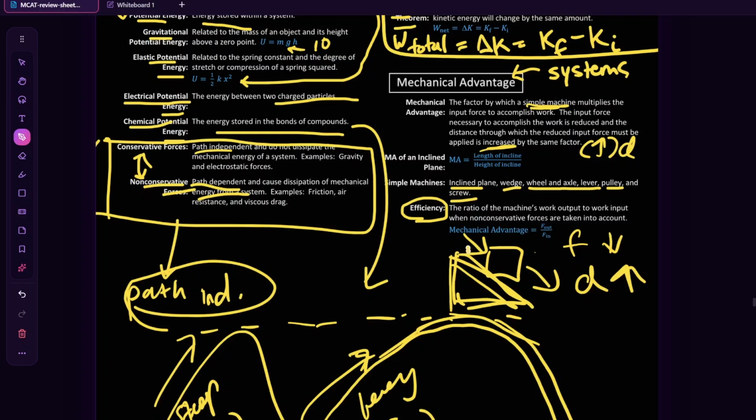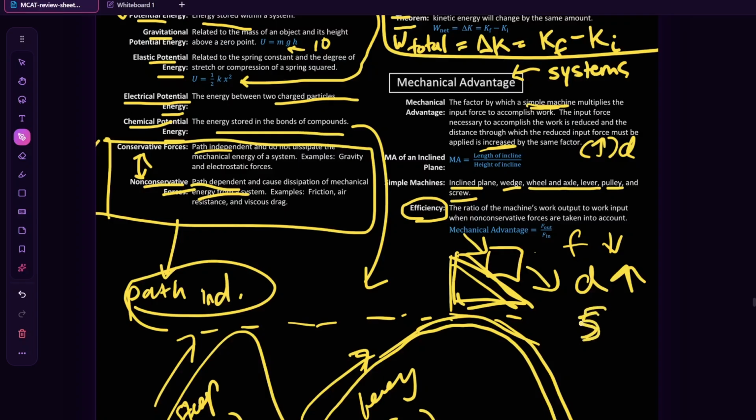So let's say we have a 1 meter high ramp with an ideal mechanical advantage of 5. So MA is equal to 5.